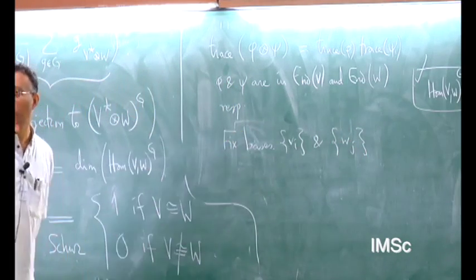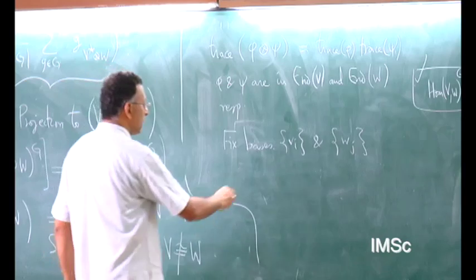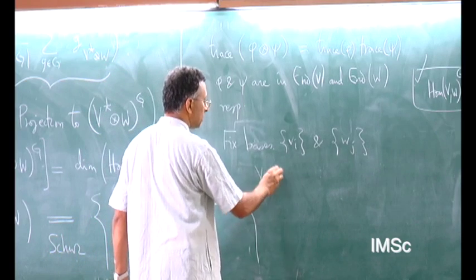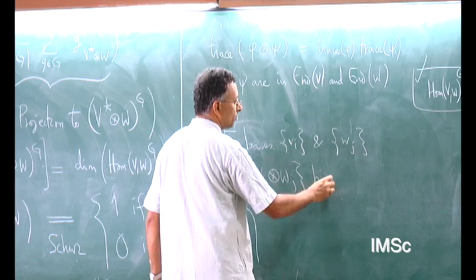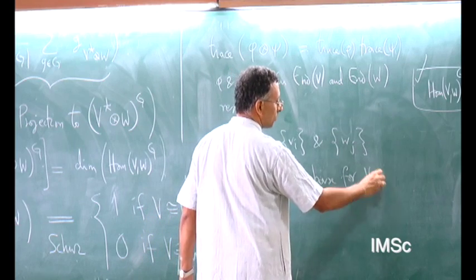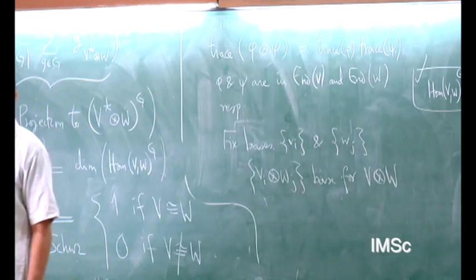I will not write that out, in the obvious meaning given to these symbols. Now, v_i tensor w_j is a basis for V tensor W.